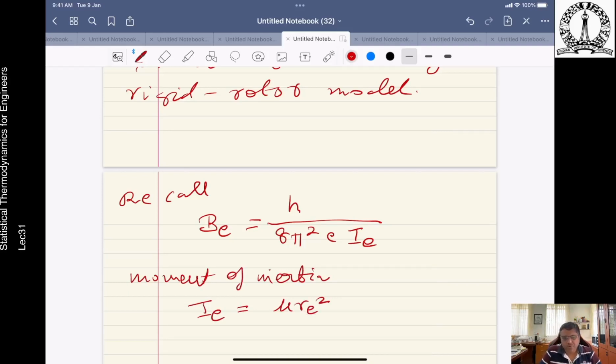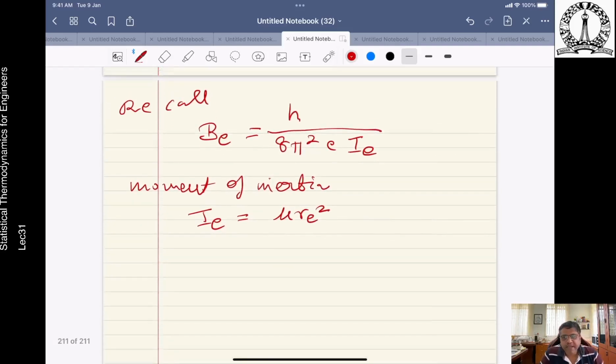So if you try to evaluate BE using this for a specific rotational spectrum, it results in an experimental value for the moment of inertia, thus providing the equilibrium internuclear separation or bond length for any given diatomic molecule.